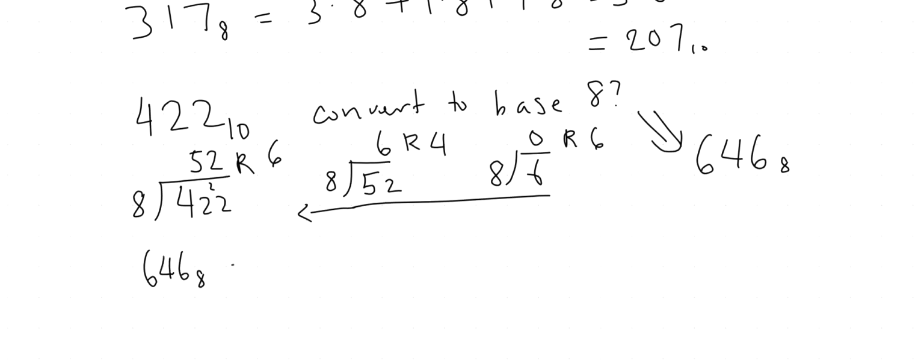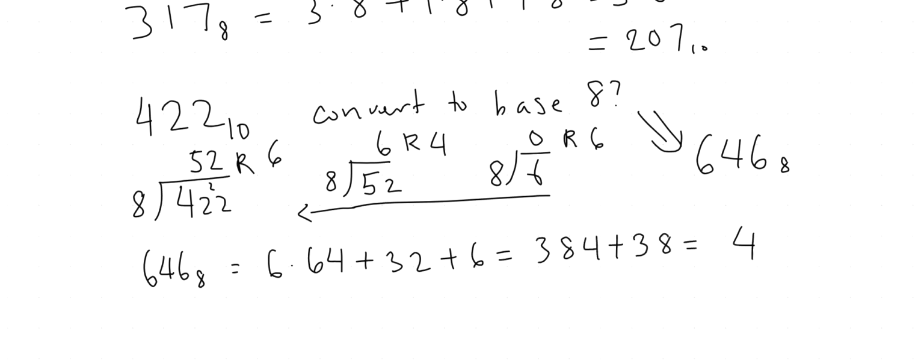It's equal to 6 times 64 plus 4 times 8, which is 32, plus 6, equals 384 plus 32 plus 6, which is 422. So then you have verified your answer.